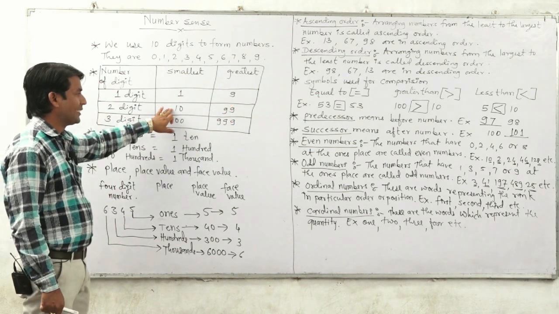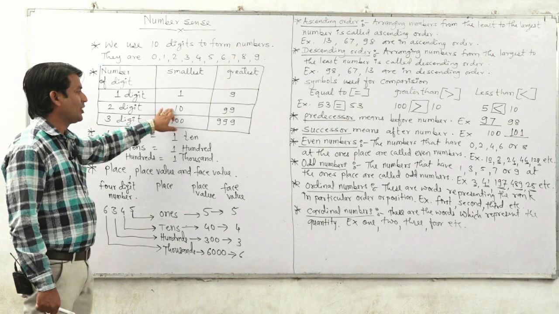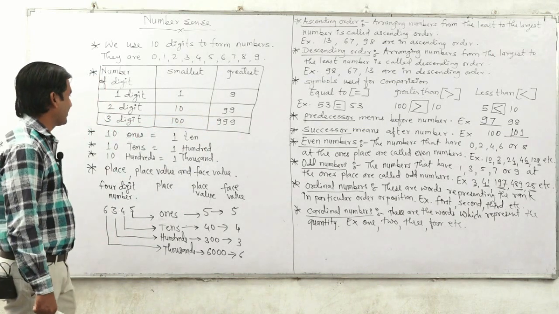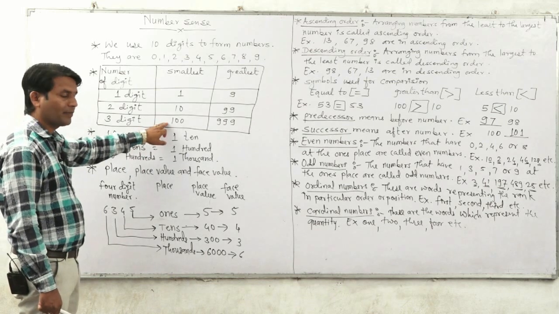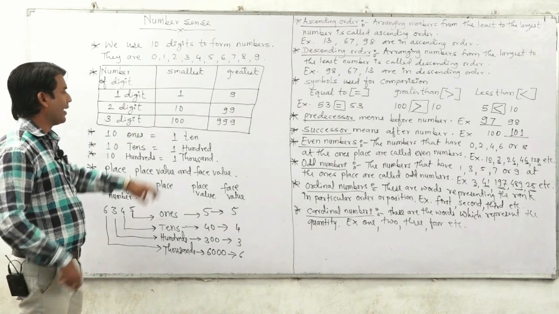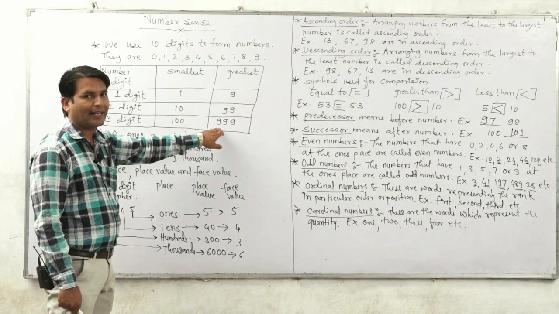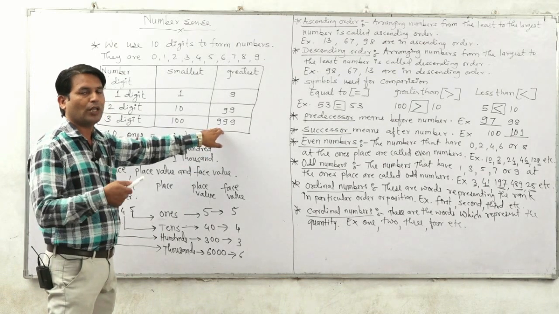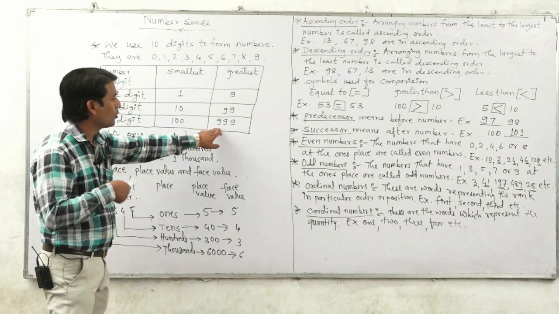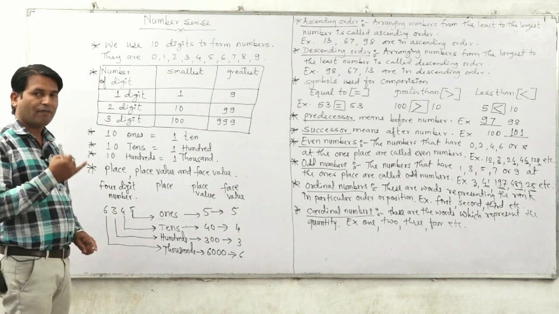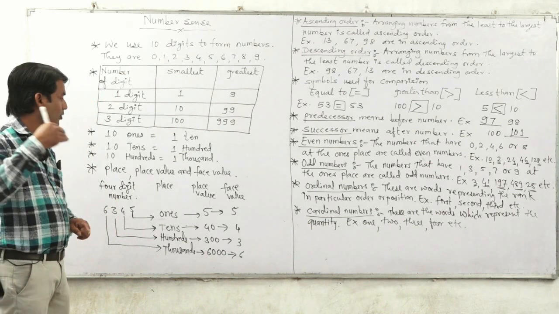Smallest 2 digit number is 10. Greatest 2 digit number is 99. Smallest 3 digit number is 100, and greatest 3 digit number is 999. We can find the smallest and largest 4 digit number, 5 digit number, 6 digit number and so on.